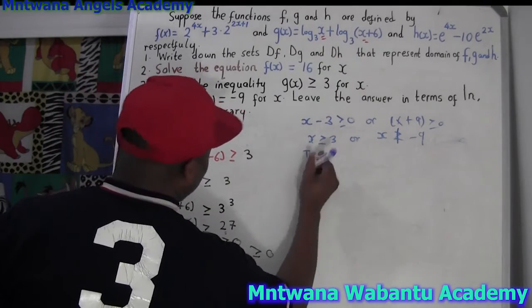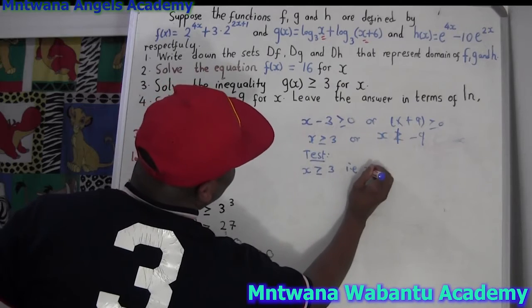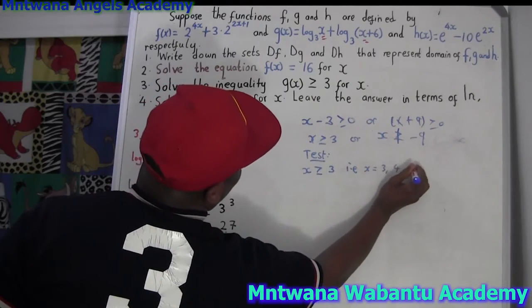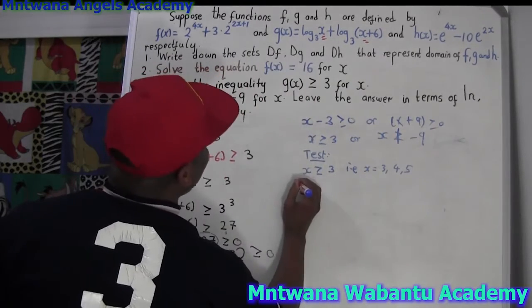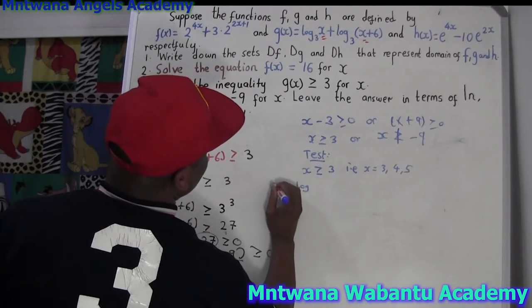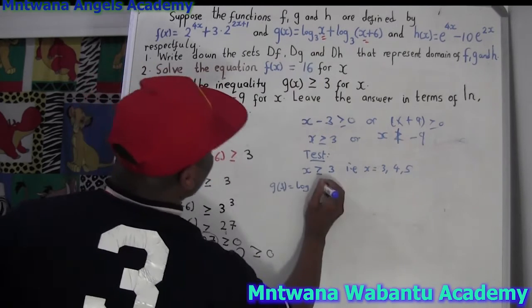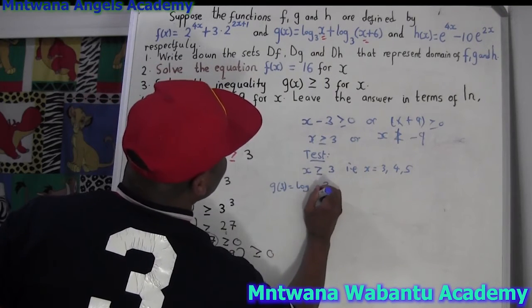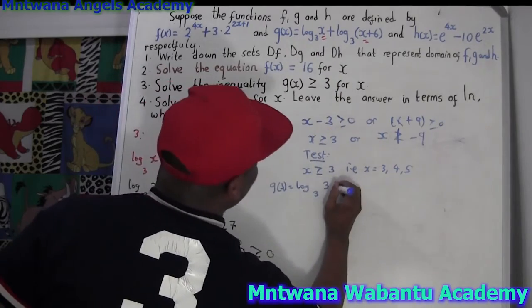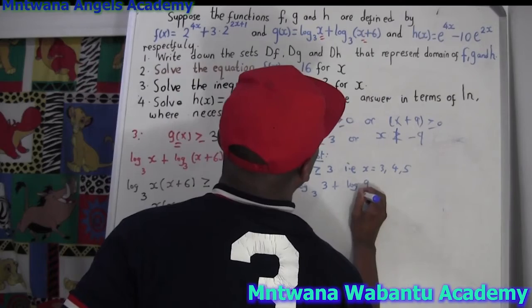So when you say x, you can write like this, for example, 3. That means x can be 3, 4, 5. You can test there. Let's say g of 3, which means instead of x you say 3. So this is going to be log of 3 under base 3, plus log of 3 plus 6 equal to 9 under base 3.